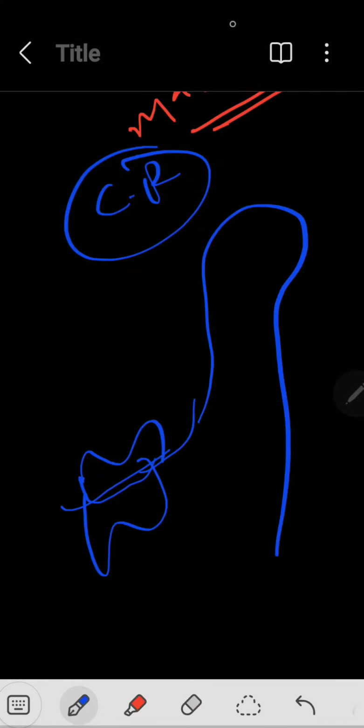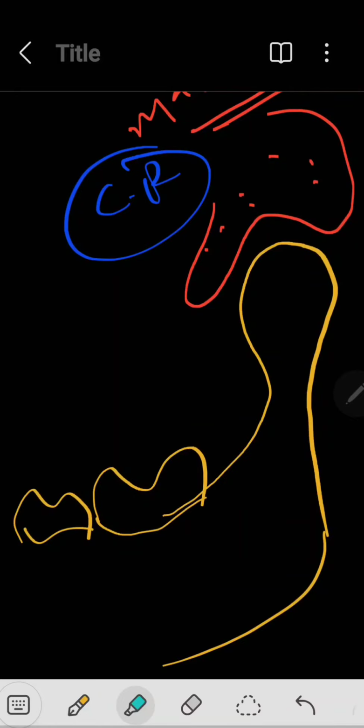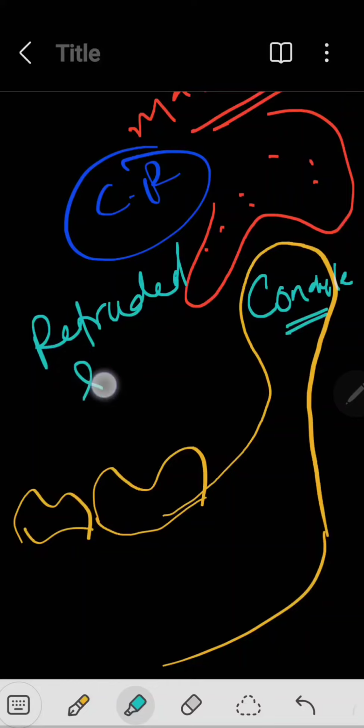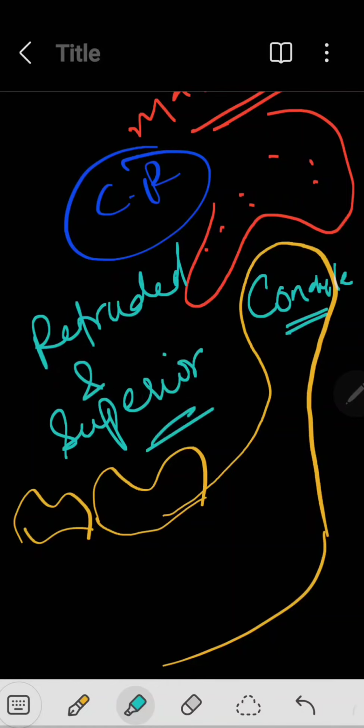Centric relation is a relation of mandible to the maxilla when the mandibular condyles are in the most retruded and most superior position in the glenoid fossa. Like in this diagram, you can see that this is not the most retruded and most superior position of the condyle. This is normally how the condyle has been placed.